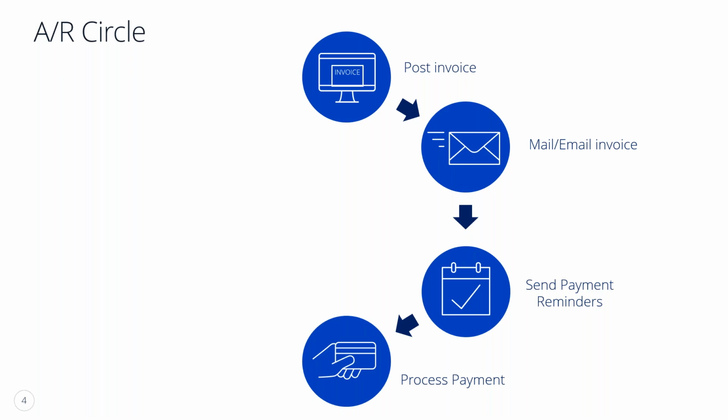There are a lot of steps here, especially how you are going to collect that payment information. If it's a check, are they going to mail it to you? If it's a credit card, how are they going to give that over to you? But let's say you have received that payment information, you're going to go ahead and process it. If it's a check, you will take it to the bank.